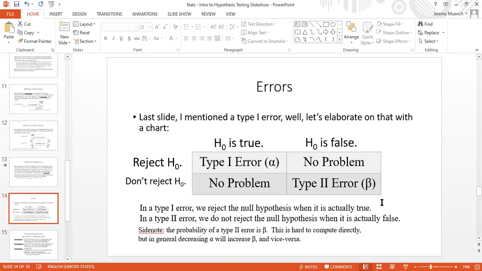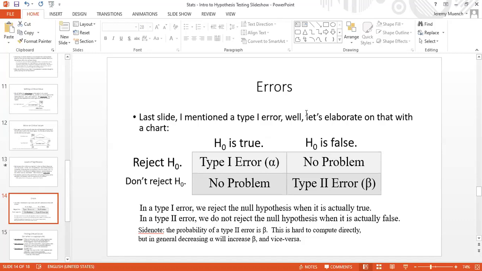We can liken this to a court of law. You've probably heard the phrase innocent until proven guilty. This means that in a court of law, the base assumption that we begin with is that a defendant is innocent.